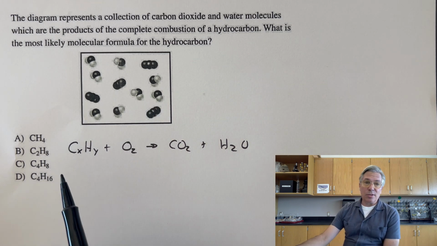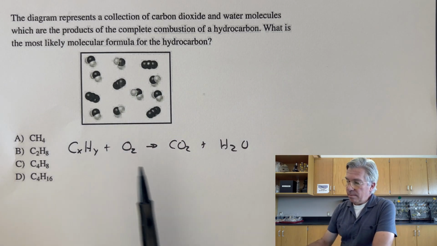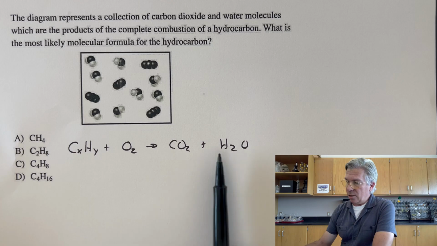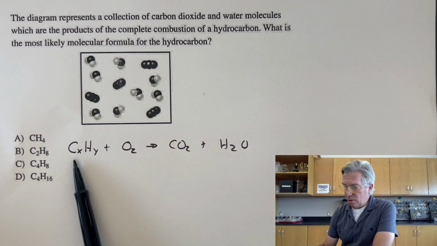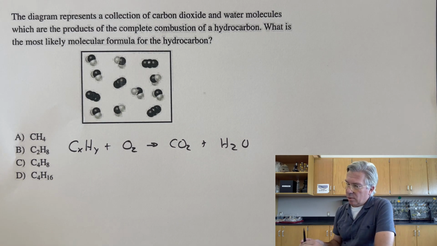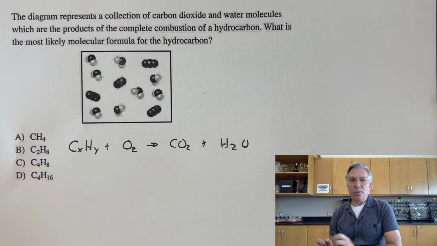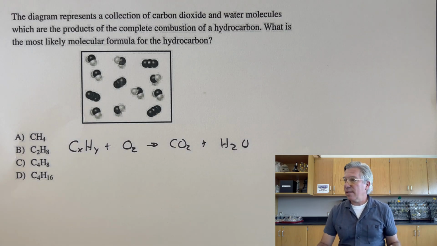Now we got to work backwards to the reactant side. They tell us it's complete combustion, which means that all of these carbons and hydrogens must have come from the combustion of a hydrocarbon. And so, what is the most likely molecular formula for the hydrocarbon? Take a moment, pause the video, and I'll see you back here in just a second.